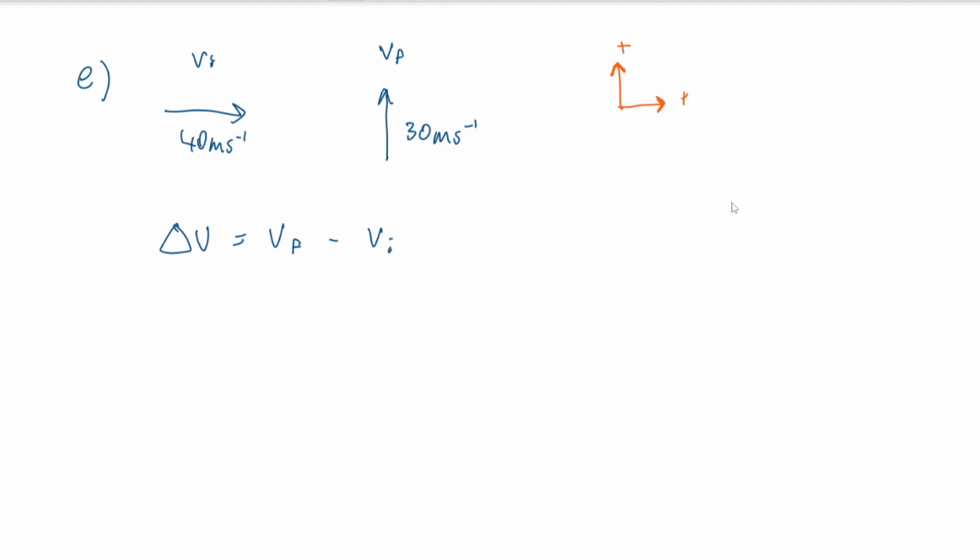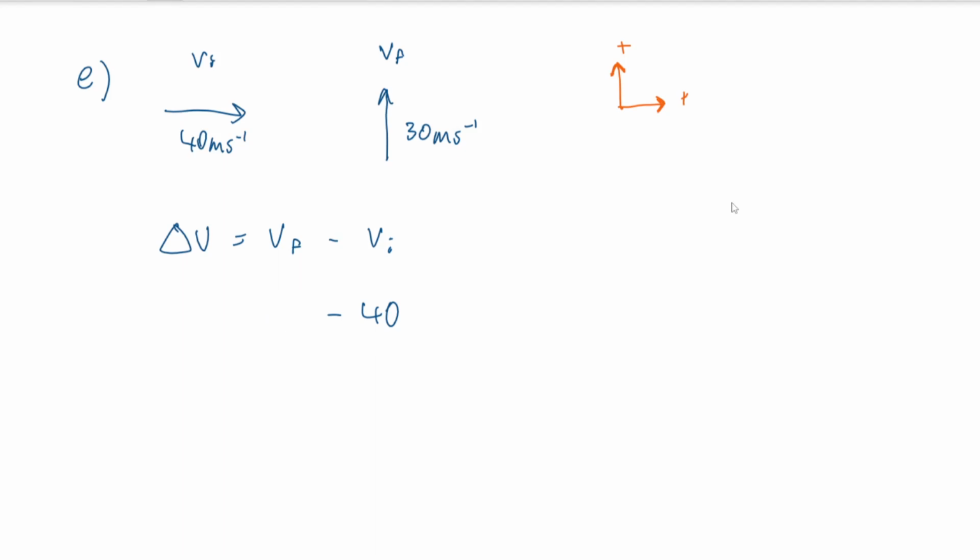However, to add vectors in 2 different directions, we can't just do, for example, 30 minus 40. Alright, that's a good first guess. So like part D, we're just substituting in the magnitudes, but for 2 dimensions, that's not quite right.